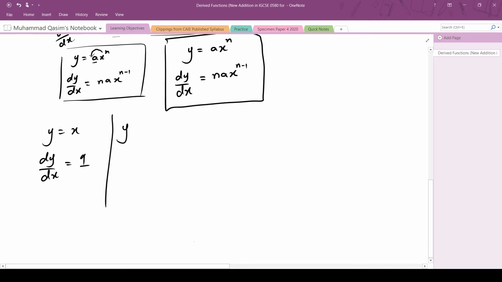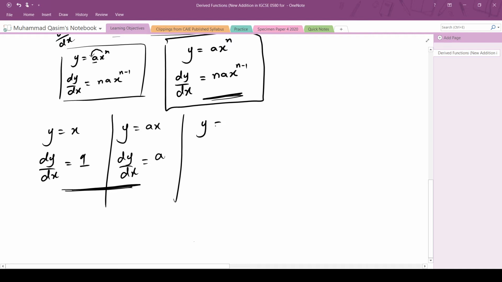And whenever you have y equals ax, the derivative is always going to be equal to just a, meaning just the coefficient of x, and a can be any rational constant. It can be positive, it can be negative. You can associate these two special cases with this general rule up here.